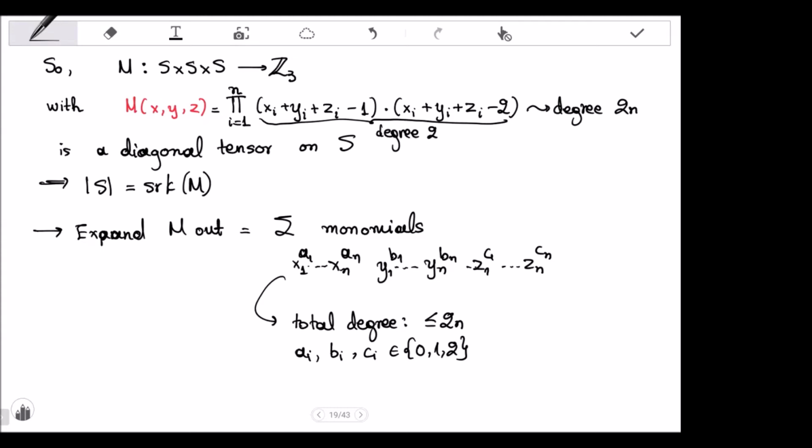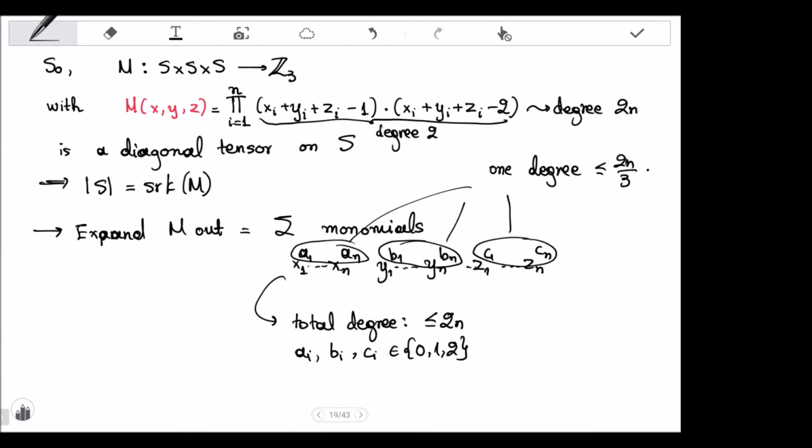Okay, and the interesting thing to notice is that because these add up to at most 2n, then one of these degrees, either the x or the y or the z degree, is at most a third of the whole thing. So one of the degrees in the x, y, or z variables is at most 2n over 3, always.